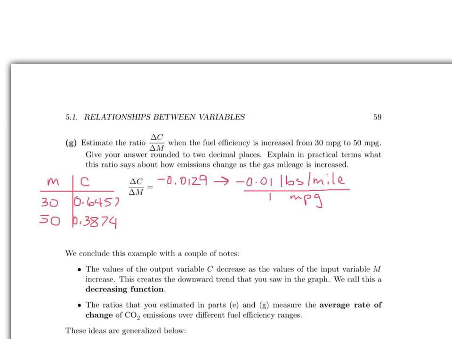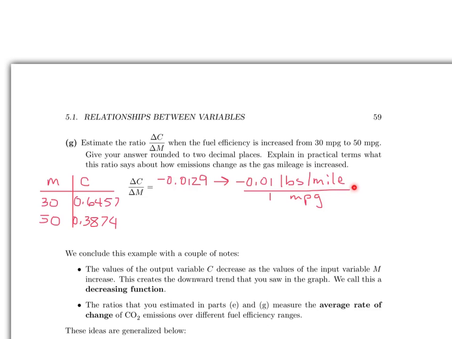Now let's go ahead and give a practical interpretation of what this fraction is conveying. So the denominator, again, represents a change in the fuel efficiency. So we are increasing our fuel efficiency by 1 mile per gallon.